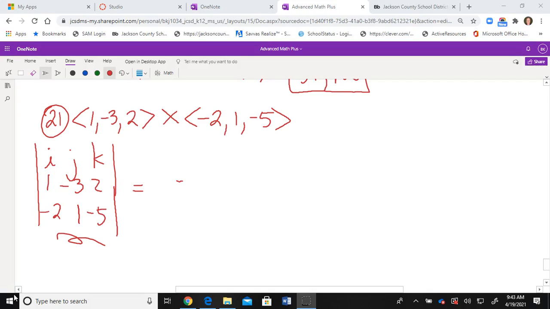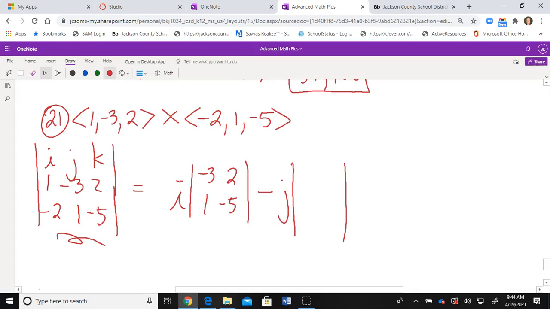Alright, so we're going to say I vector I times, and we're just finding the determinant here. You take out vector I's column, and you're left with -3, 2, and 1, negative 5, minus j, that's important, you always subtract the second one, times, you take out j's column, you're left with 1, 2, negative 2, and negative 5, plus k.